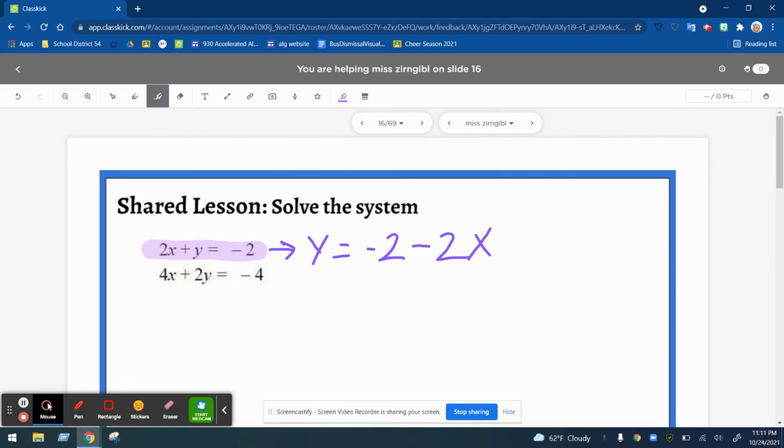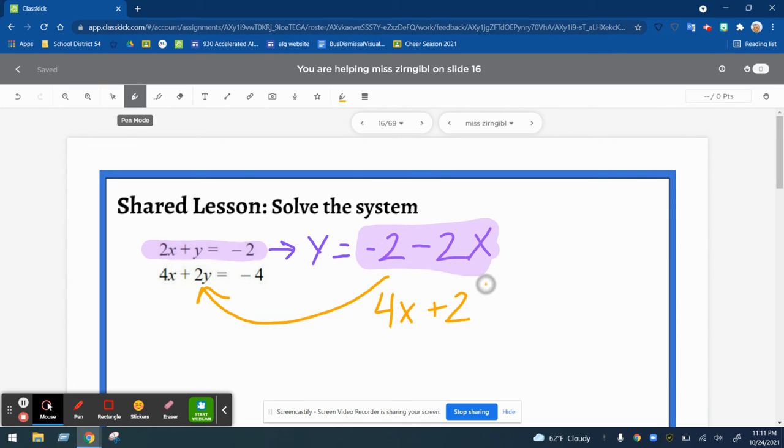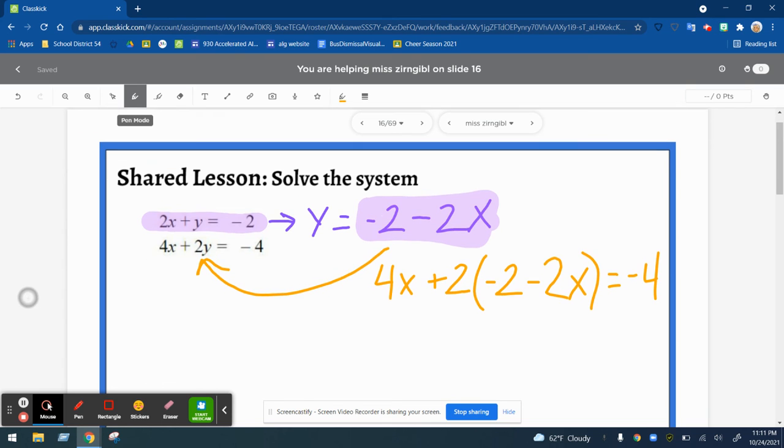So now I'm going to take everything that y is equal to, and I'm going to substitute it in for y in my bottom equation. 4x plus 2 times negative 2 minus 2x equals negative 4. We distribute and solve.